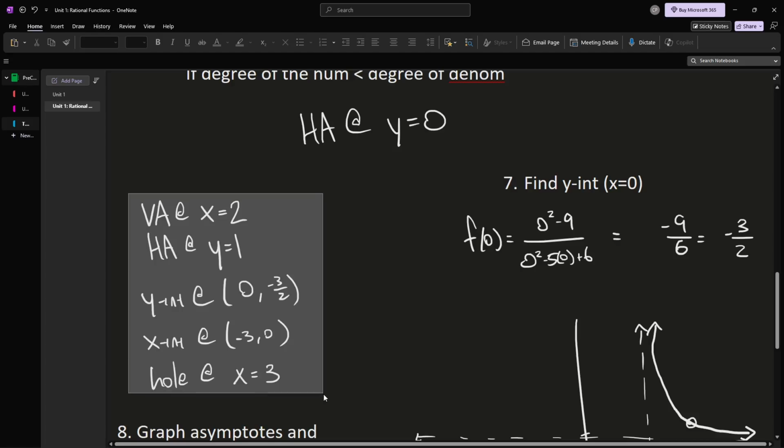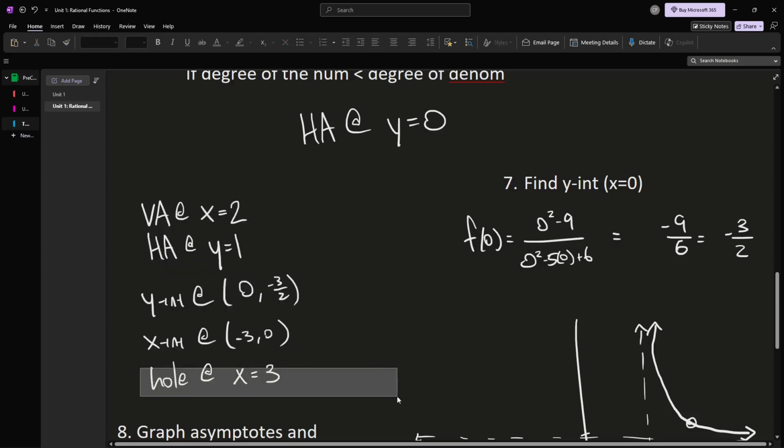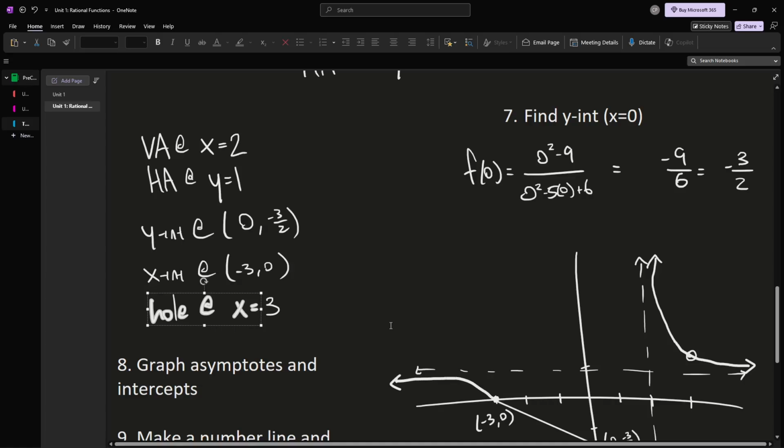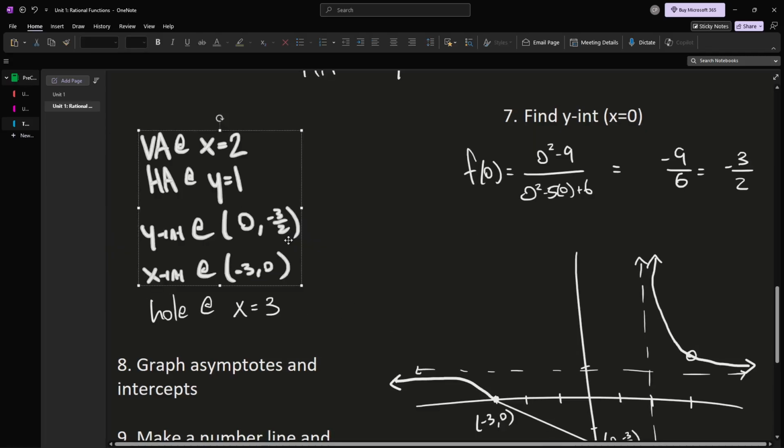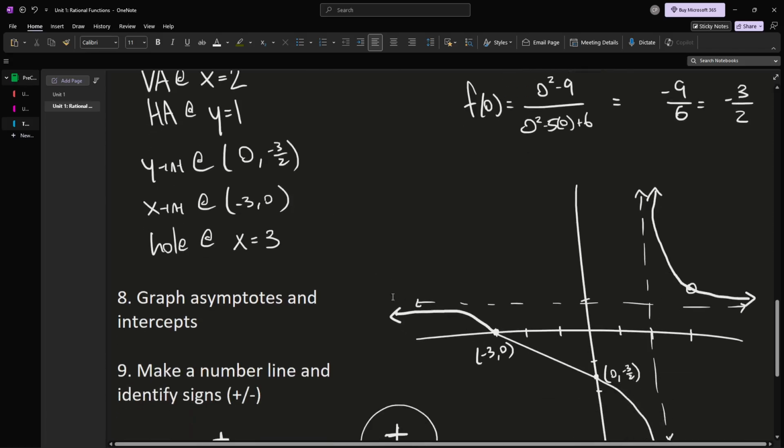I list everything I know, keeping in mind my hole. So I just write it in bold at the bottom of the page, like, don't forget this. And also you find the y-intercept. With this information, we plot these 4 things if you have them: vertical asymptotes, horizontal asymptote, y-intercept, x-intercept.